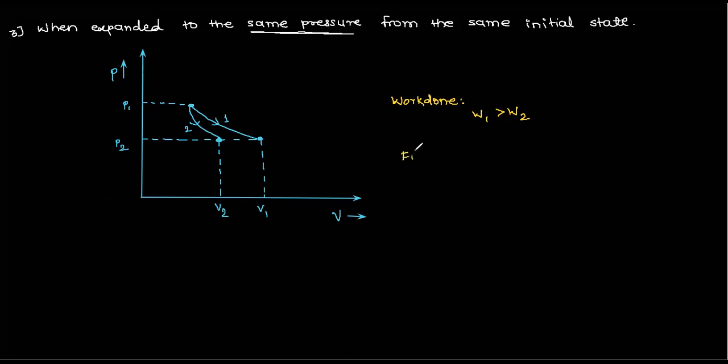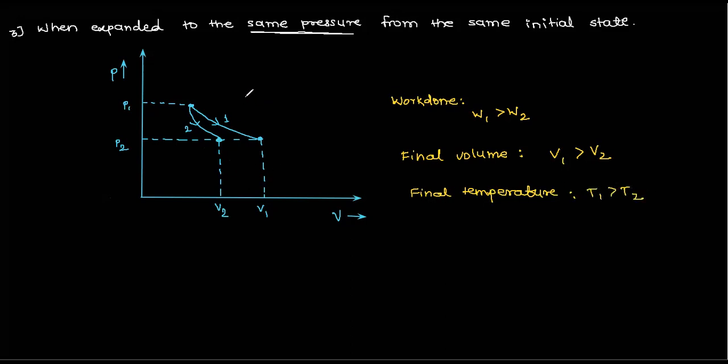So here final volume V1 is greater than V2, right? You can see in the diagram. Next one, final temperature. Which one will be more? In this case, final temperature T1 is greater than T2.